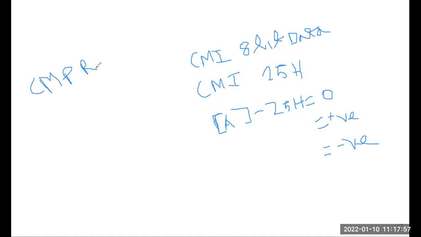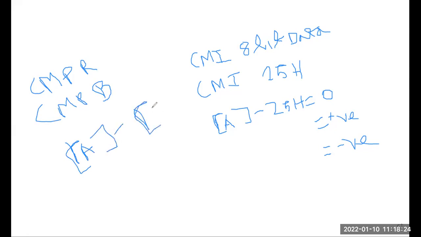The register name you give, with that register content, the content of the accumulator will be compared. Let's say you mention CMP and give register B. Then the content of the accumulator will be compared with the content of B. So we get three values: if both contents are the same, then 0; if the content in the accumulator is greater, a positive value; and if the accumulator content is less, we get a negative value. So by comparison we get these three values.